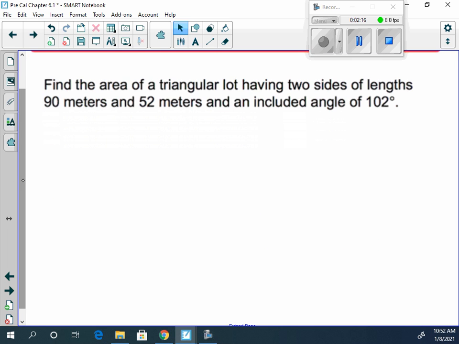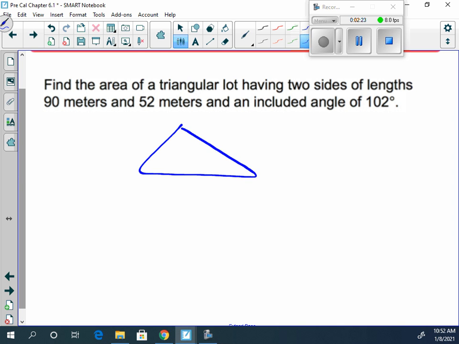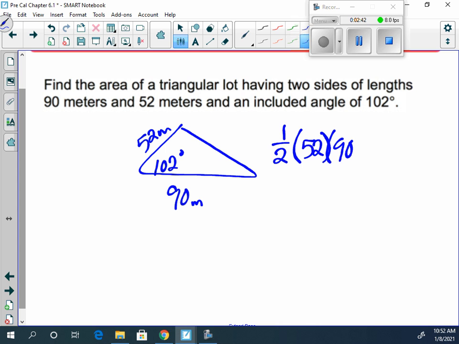So if we want to find the area of a triangular lot having two side lengths of 90 meters, so we'll call this 90 meters, and 52 meters, and an included angle of 102 degrees. We want to find the area. Well, this would be what? 1/2 of 90 times 52 times sine of 102. Plug it in.